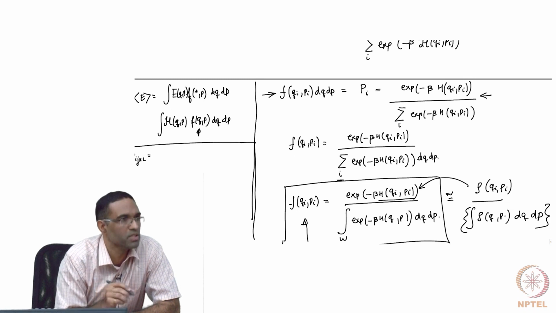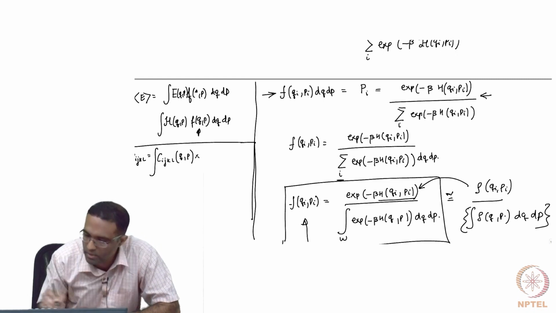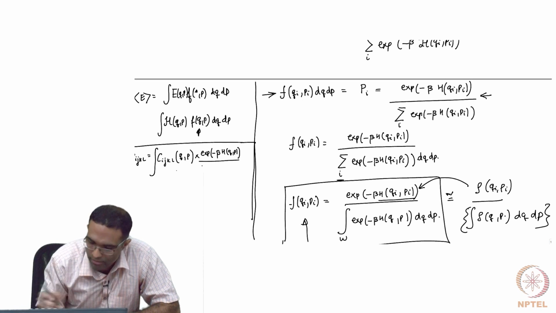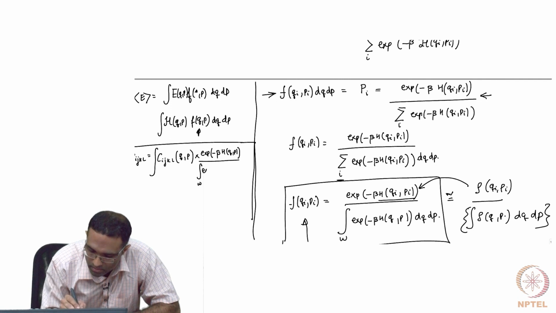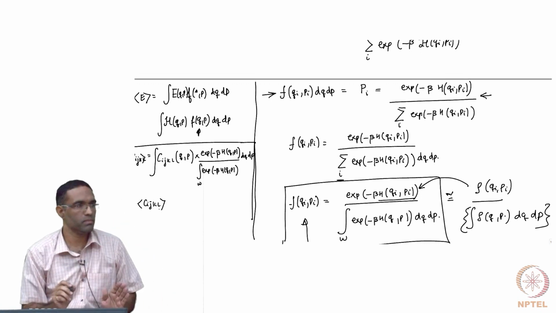I don't know what that expression is, but just to illustrate, if you knew explicitly what the expression for Cijkl is, or the elastic constants of the system as a function of q and p, then this has to be multiplied with this quantity right here, exp(-beta H(q, p)) divided by, or f, and this entire thing would tell you the average of the system.